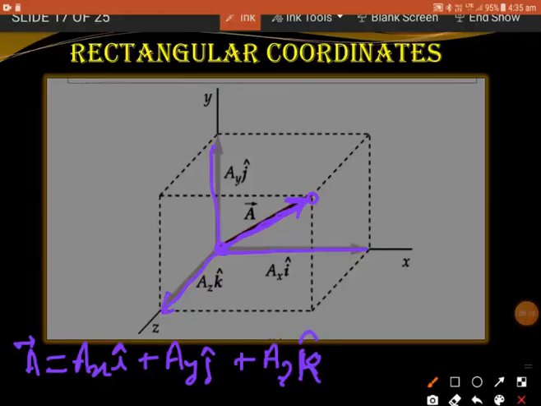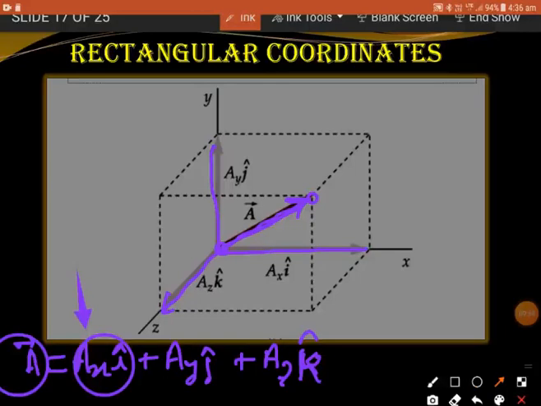So what does this mean? This means the component of A along x-axis. Actually, this is nothing but the component of A along x-axis. So this represents the component of this A vector along x-axis.